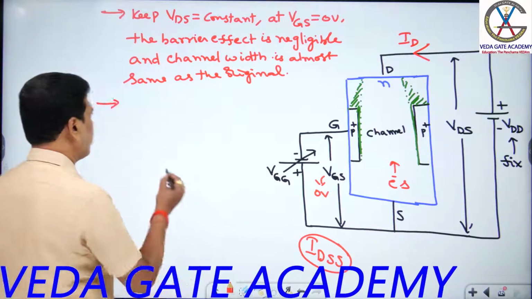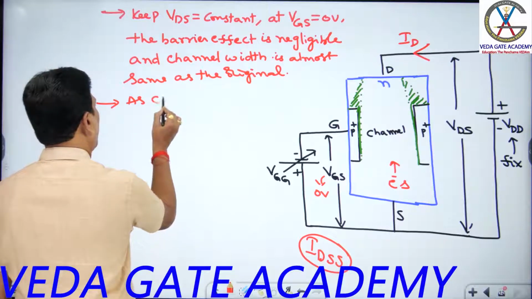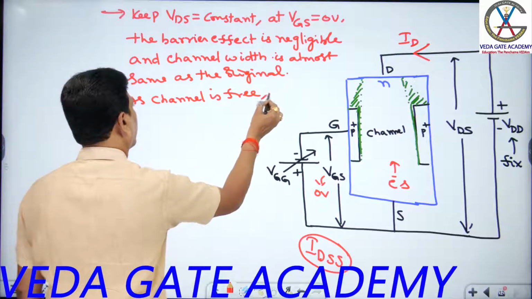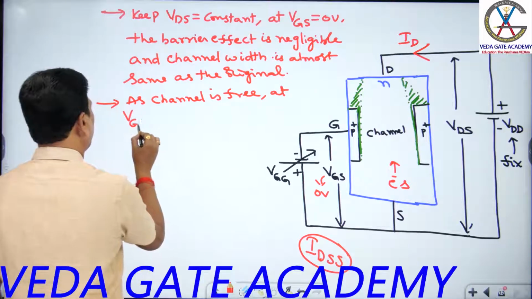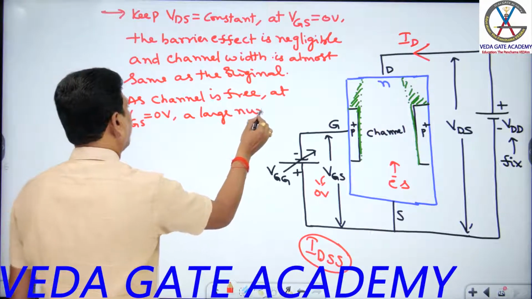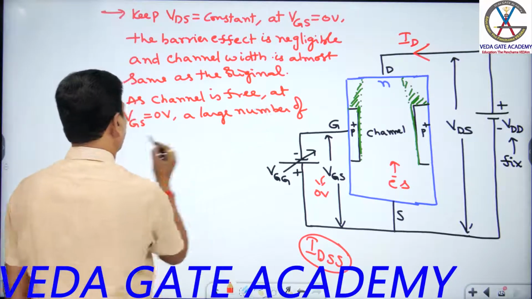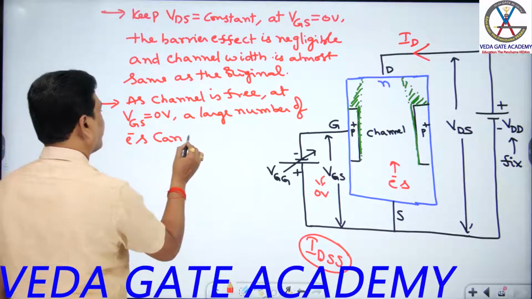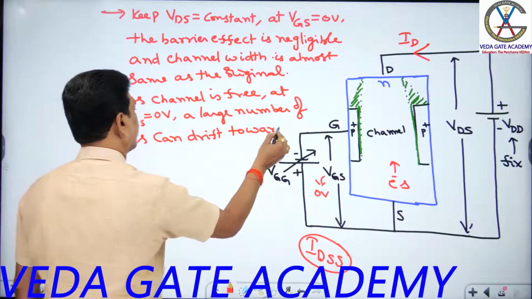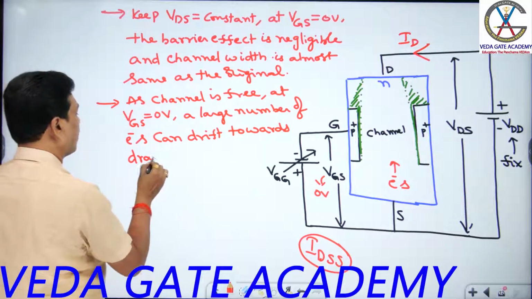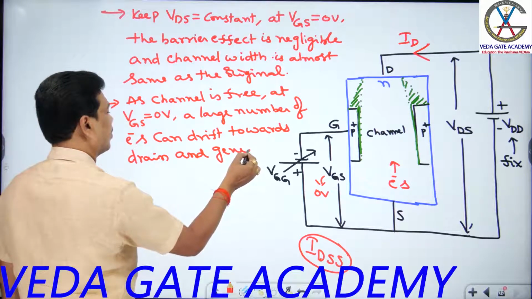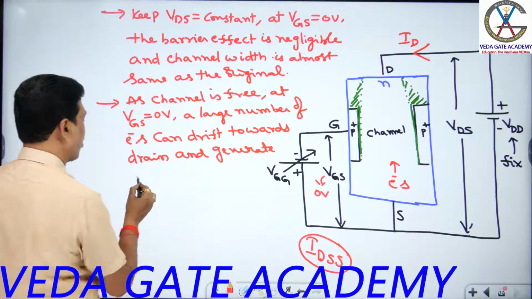As the channel is free, at VGS equal to 0 volt, a large number of electrons can drift towards the drain and generate the drain current ID.